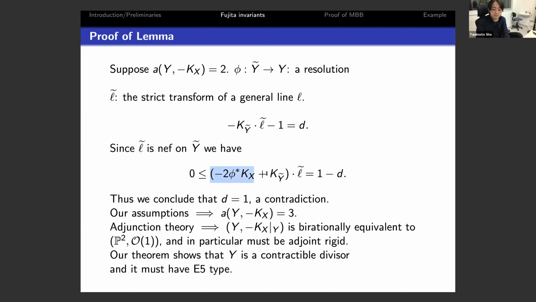So one can conclude that this intersection number is non-negative, while it is given by 1 minus d. This is a contradiction because we are assuming d is strictly bigger than 1. So our assumption implies that the A invariant is 3, and adjunction theory tells us that this polarized surface is birationally equivalent to P2, O(1), and it must be adjoint rigid. Then our theorem shows that Y is a contractible divisor, and it must have E5 type. In this way, you can describe a surface swept out by lines which move a lot.